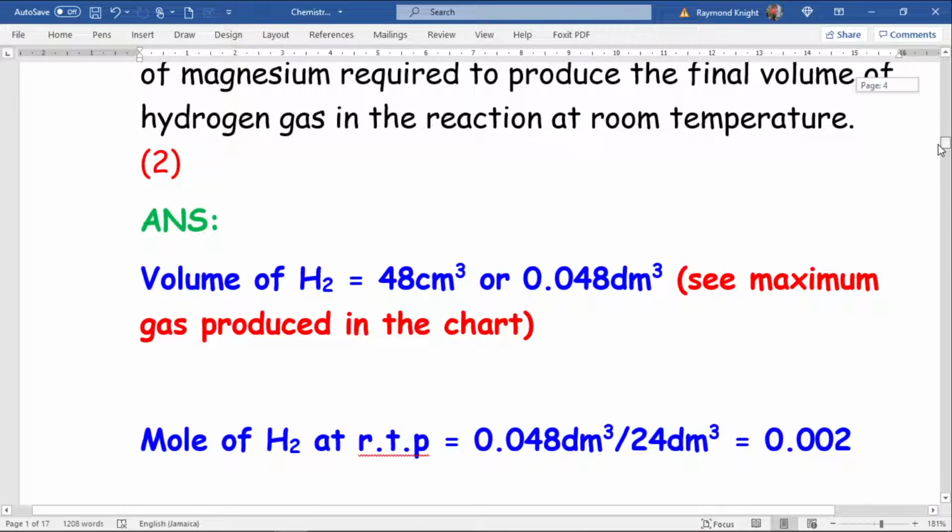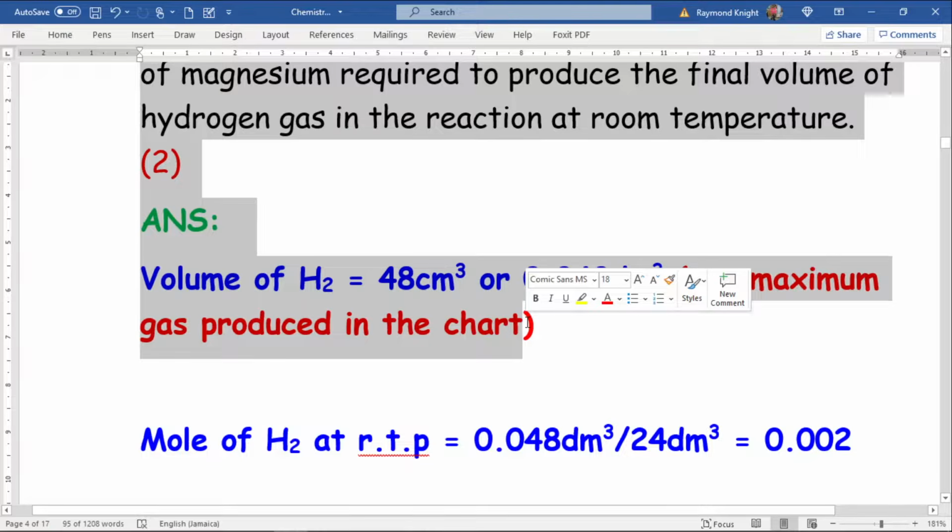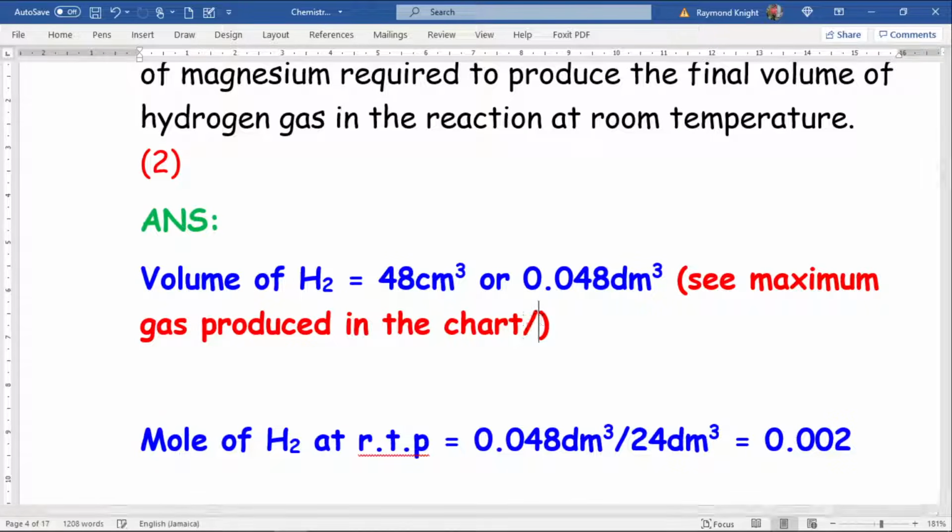So what you need to do now is convert your centimeters cube into dm cube. I make a note right here: maximum gas produced in the chart or graph, because it's also in the chart as well. The reason I convert the volume into dm cube is because the RTP volume was given as 24 dm cube.